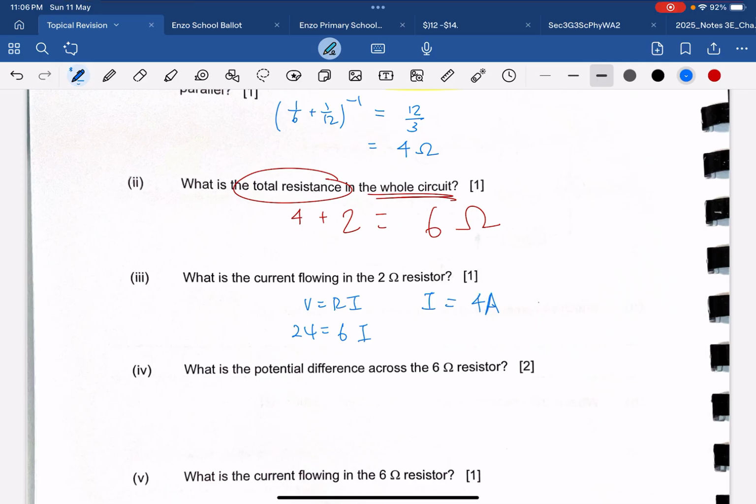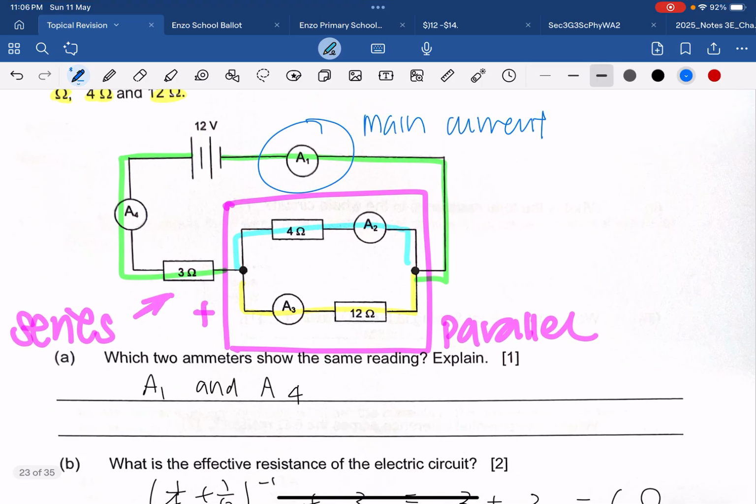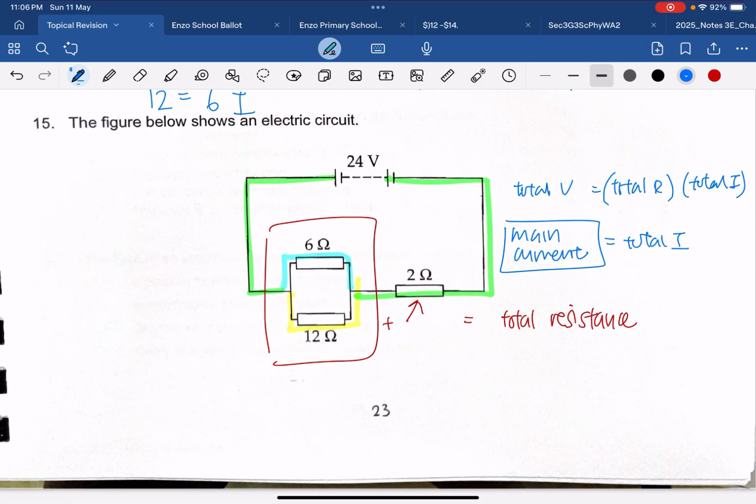What is the potential difference across the 6 ohm? I know this is 4 ampere already. Here, how will it split? This is 4 ampere, this will also be 4 ampere. When it reaches here, how will it split?